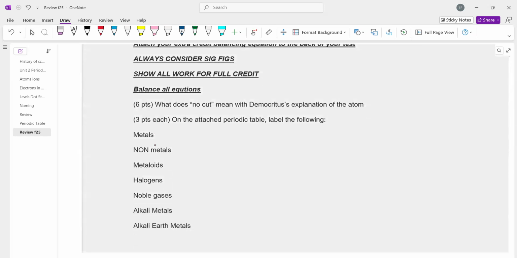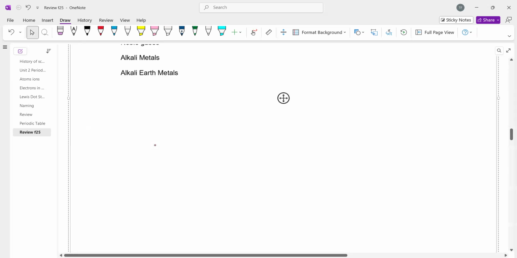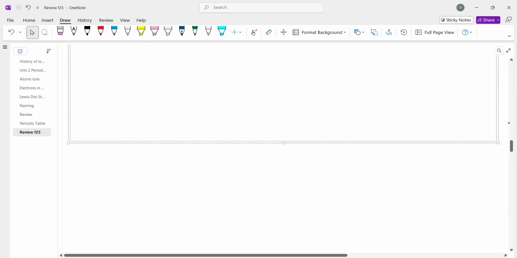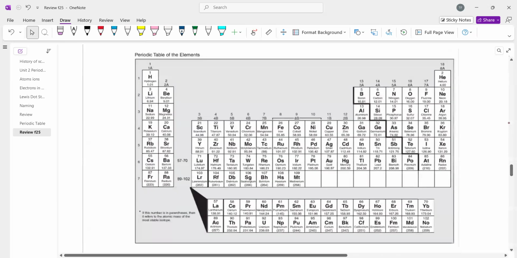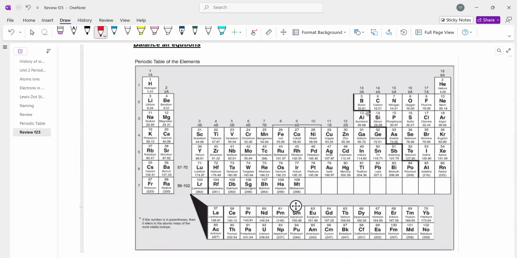Okay, so let's find these guys now on the periodic table. We have metals, nonmetals, metalloids. The metalloids are kind of in the middle between these, and metalloids are half metals, half nonmetals.